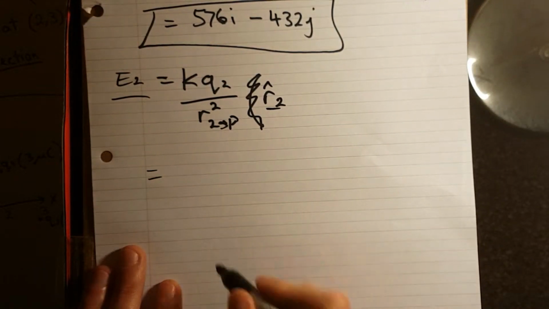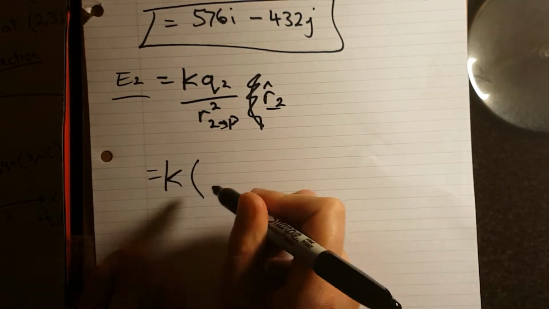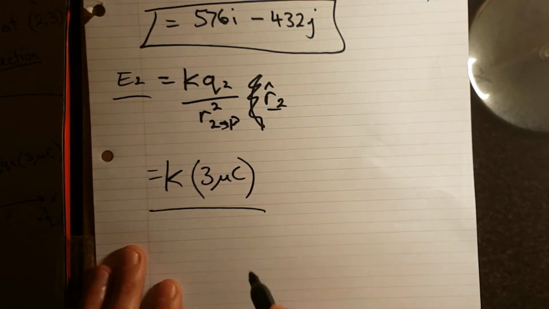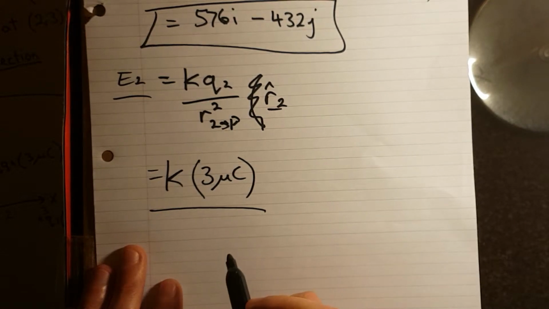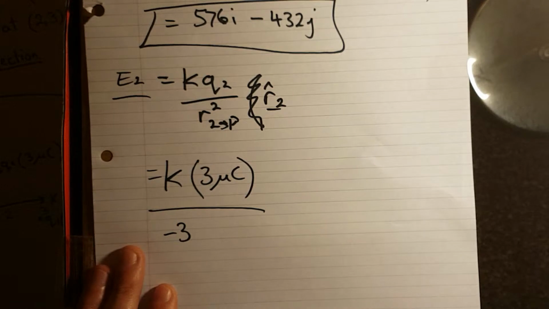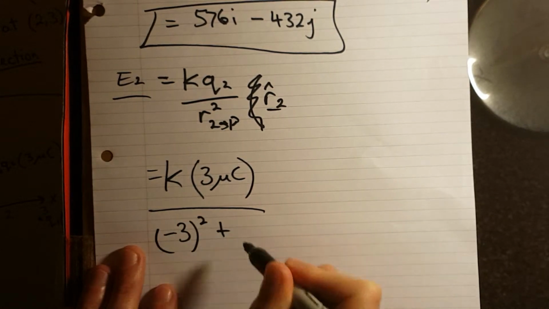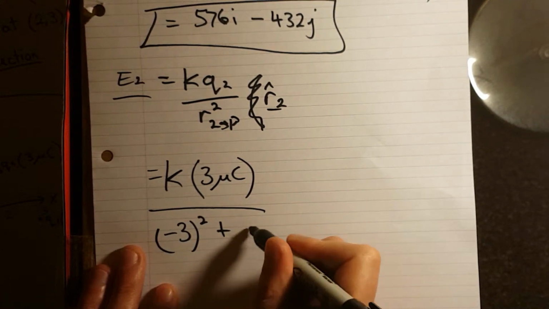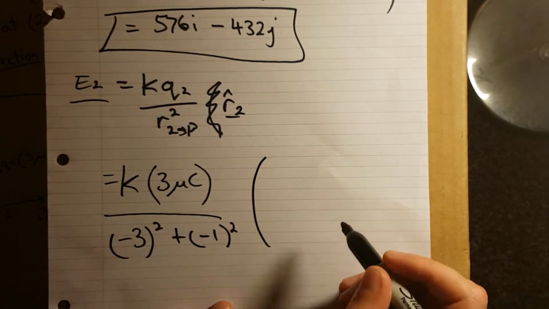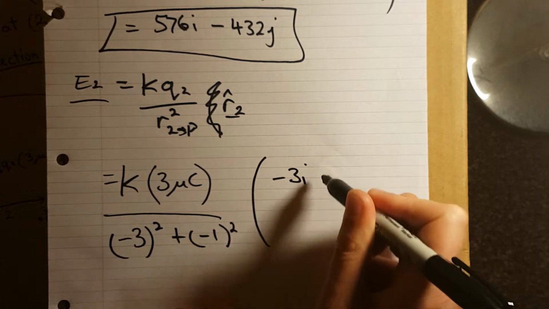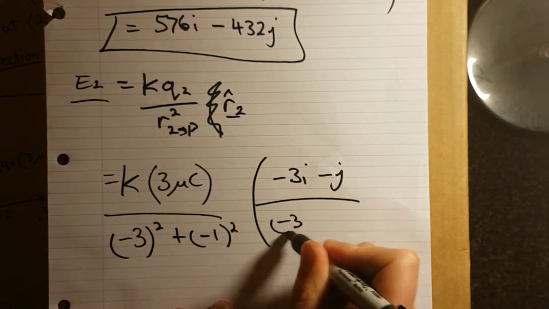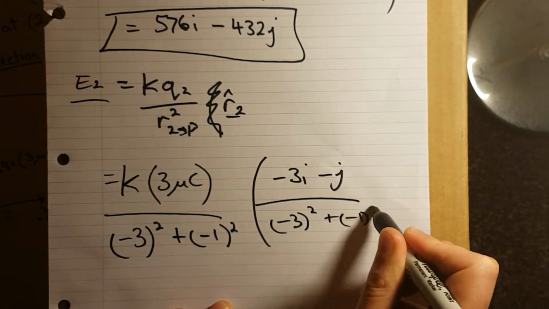This, of course, is equal to k times 3 microcoulombs, which was the charge of Q2, over the distance between Q2 and point P squared, which is -3 squared plus -1 squared. And the unit vector is, of course, -3i minus 1j over the square root of -3 squared plus -1 squared.